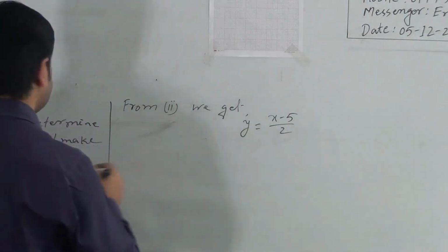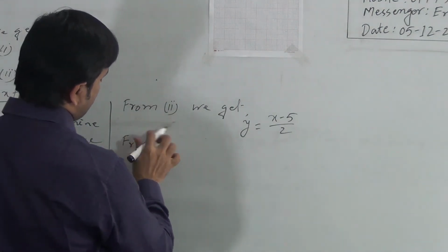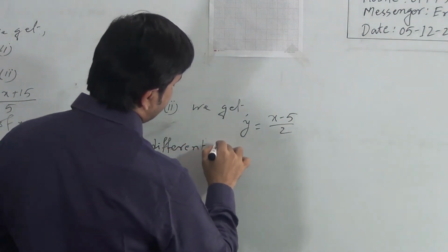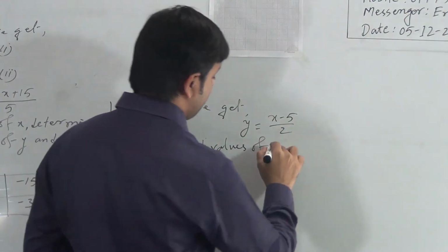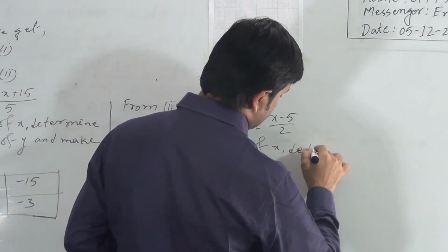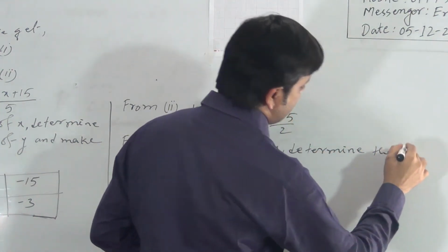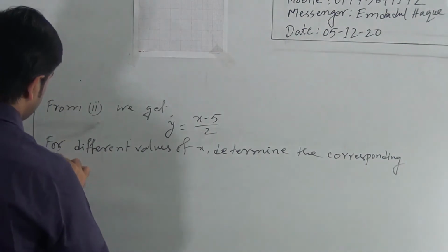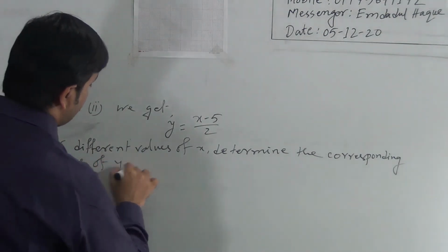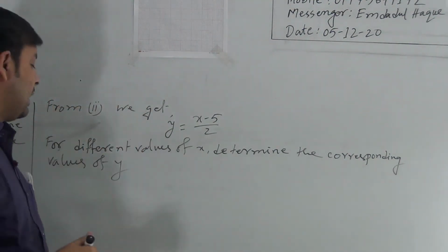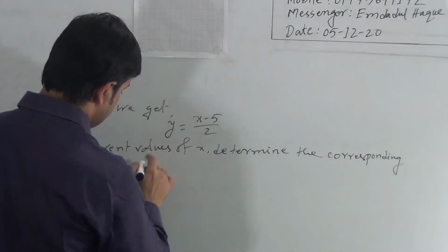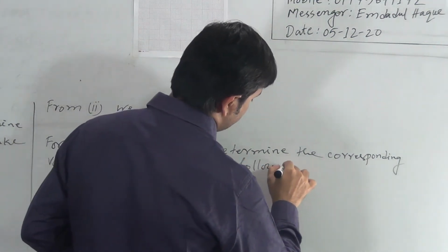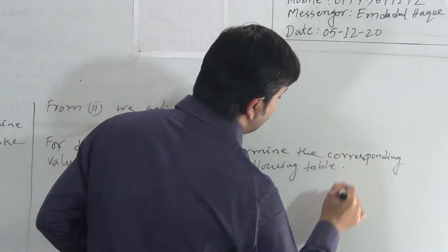Now we have to determine another table. So we can write here for different values of x, determine the corresponding values of y and make the following table.